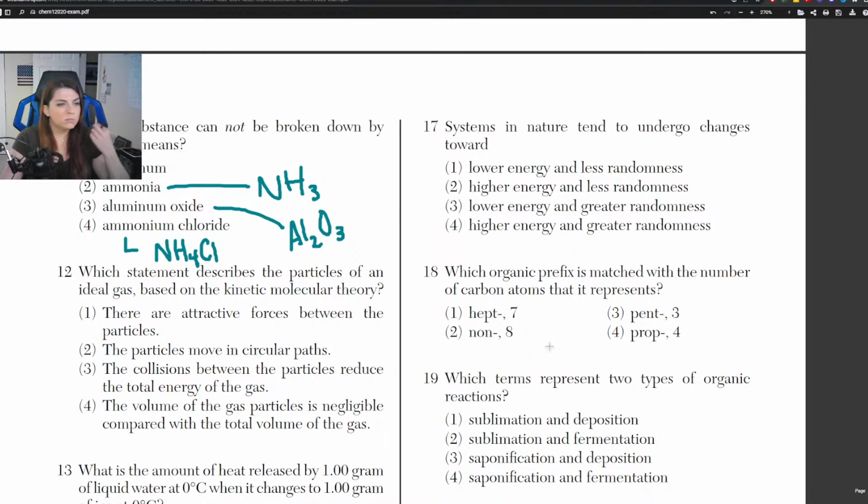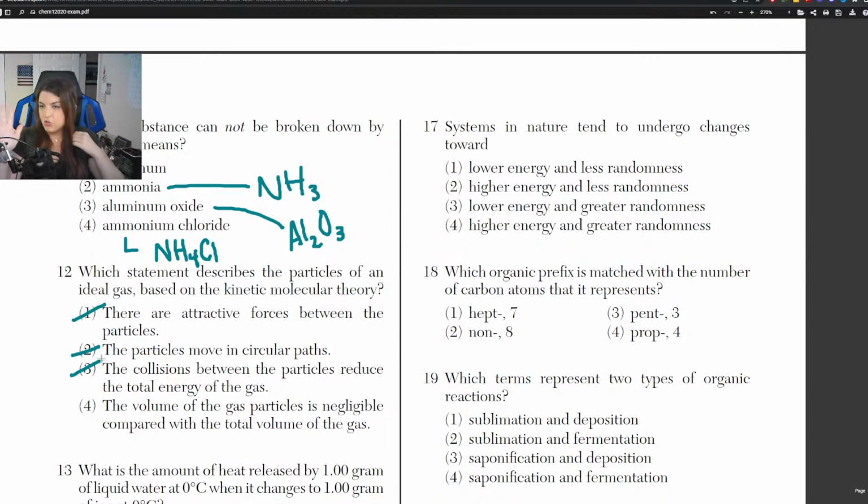So the kinetic molecular theory does not allow for attractive forces between particles. The particles move in random constant straight line motion, so it can't be that one. Oh, collisions, that was it. The collisions between the particles reduce the total energy of the gas. No, they have elastic collisions, which means that, let's just say we have 2 particles of a gas and they're going to collide.